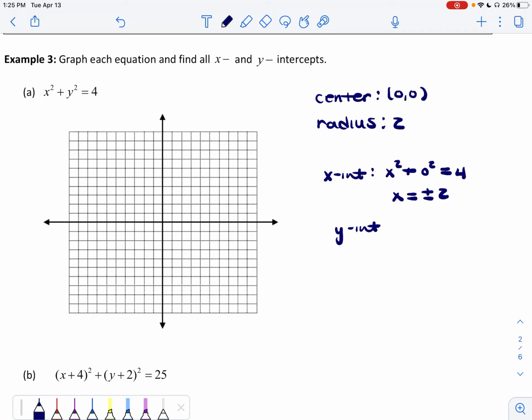And then our y-intercepts, we plug in a 0 for x, so 0 squared plus y squared is equal to 4, or y equals plus or minus 2.